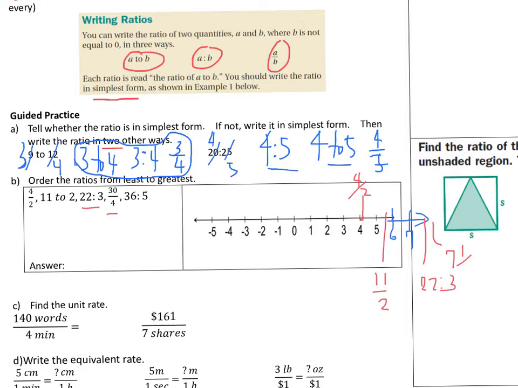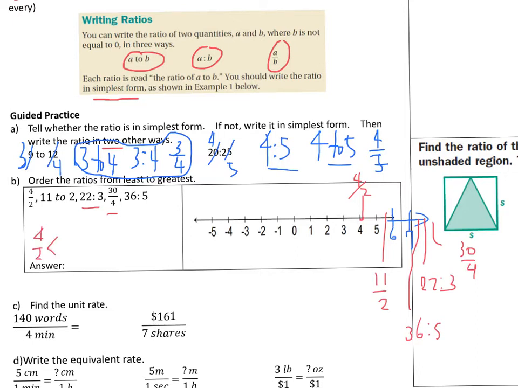So I'm going to use the original ratio. 30 to 4, and then 36 to 5 is 7 1/5. Yeah. And that's smaller than 22 to 3, so I'll put it here. Okay, now I can write my answer.